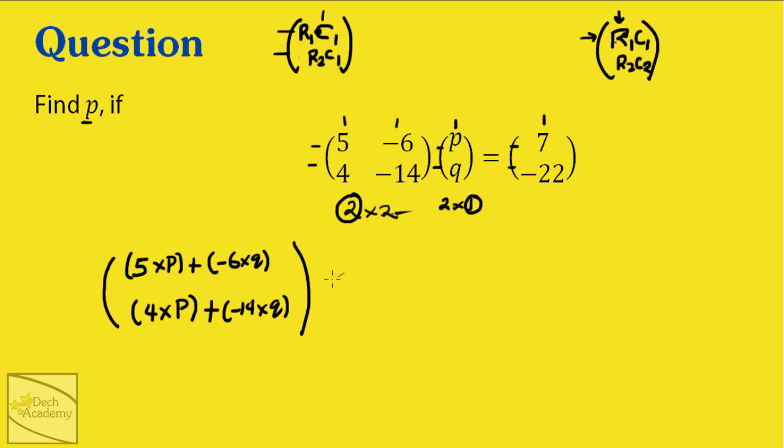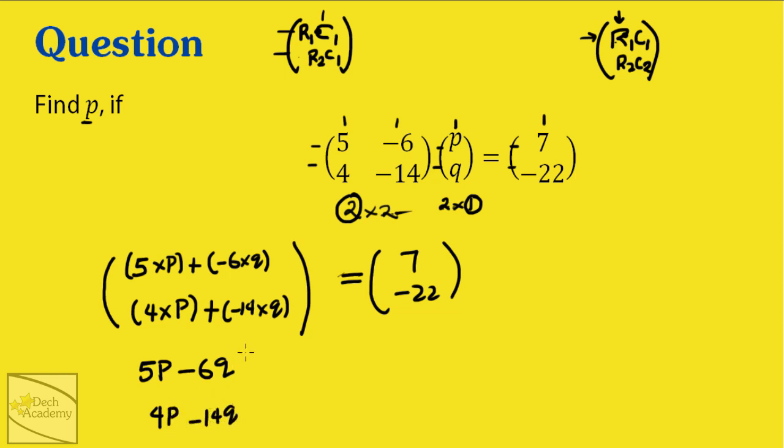So simplifying this gives, well, this is the left hand side. Right hand side is still 7 and minus 22. So we can simplify this to give 5P minus 6Q as this result, and then this is 4P minus 14Q, and this is equal to 7 minus 22.